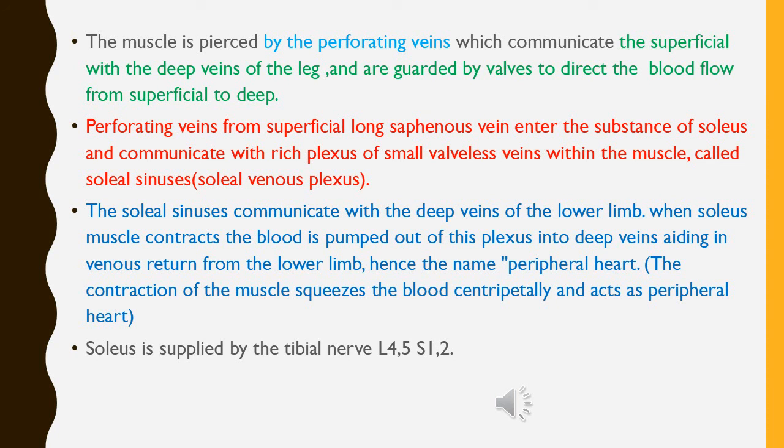So when the soleus contracts, the blood is pumped out of this plexus into the deep veins, aiding the venous return from the lower limb. So this soleus is known as the peripheral heart.